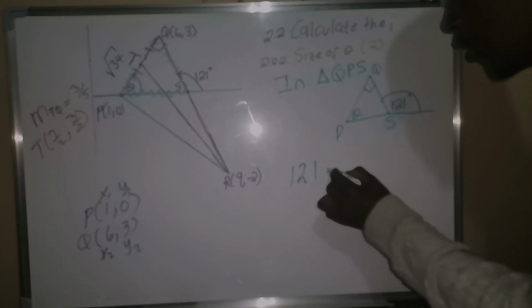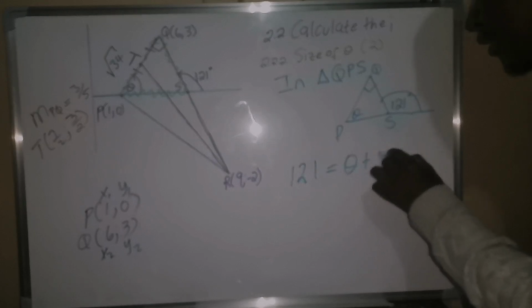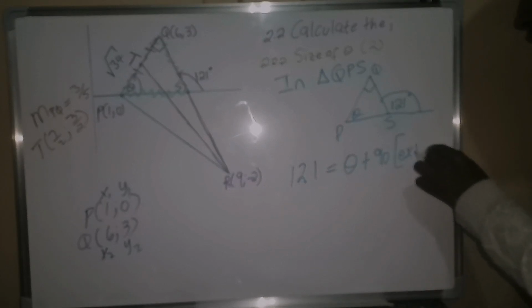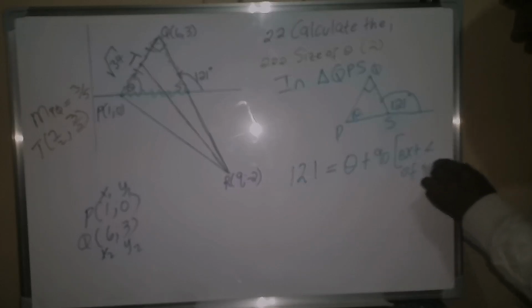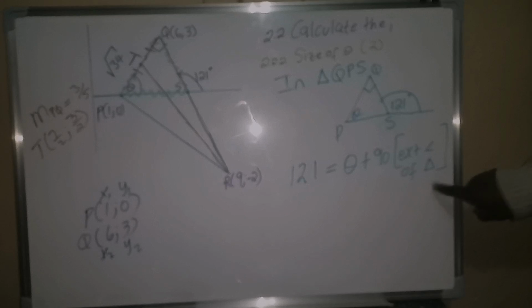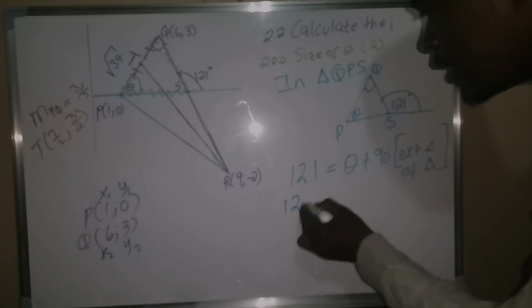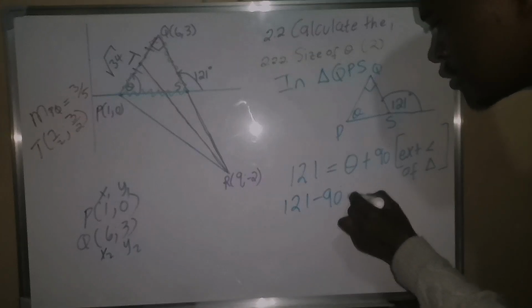This means that 121 is equal to theta plus 90 degrees. Why? Because of the exterior angle of a triangle. You can write it like this: exterior angle of a triangle is equal to the sum of two opposite interior angles of a triangle. And transpose this 90 to the left hand. 121 minus 90 is equal to theta.